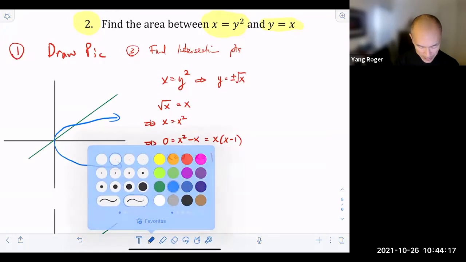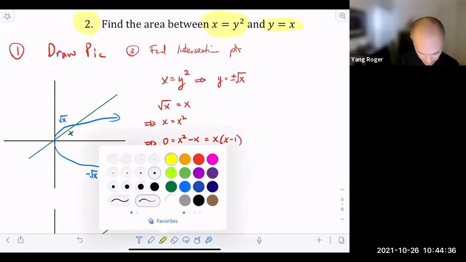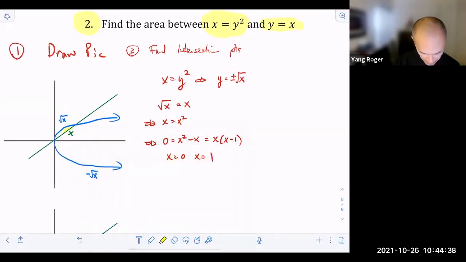So when I go to label my graph, this part here is the positive square root graph. This part here is the negative square root graph. And this part here is just x. And I'm looking for this region right there.